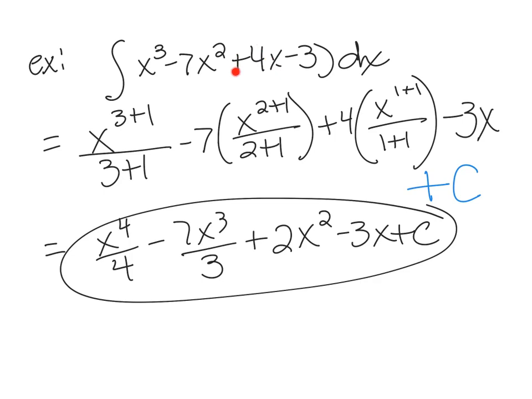The plus 4 is going along for the ride. I'm going to get x to the 2 over 2, which is the 2 on the bottom will cancel with the 4 on the top and give me 2x squared. Minus 3 is the derivative of minus 3x. And then I have my constant of integration. And there is my final simplified answer.